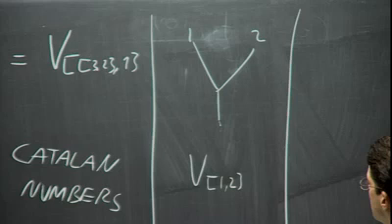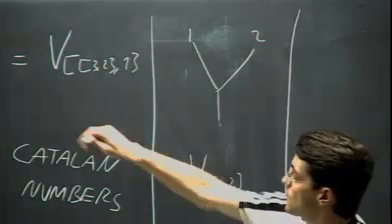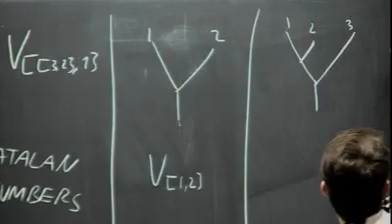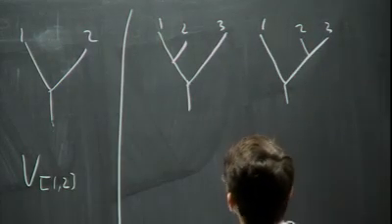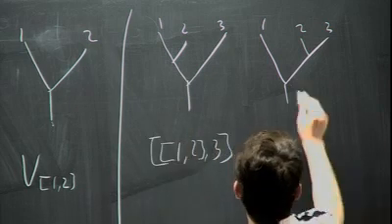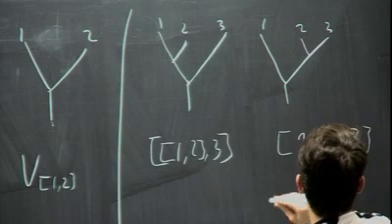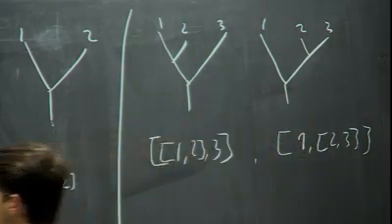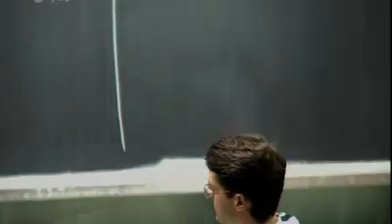So you have this mapping between a tree and the commutator, and for example, for the next order, you have something like this: 1, 2, 3, then 1, 2, 3, and these are the two possibilities, and the mapping becomes this one for this, and for that one it becomes this one, right?